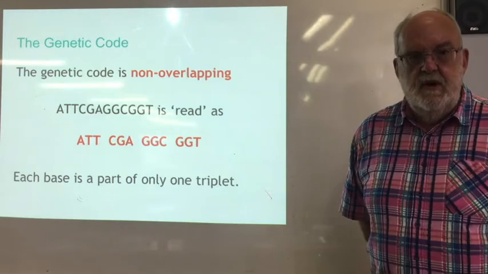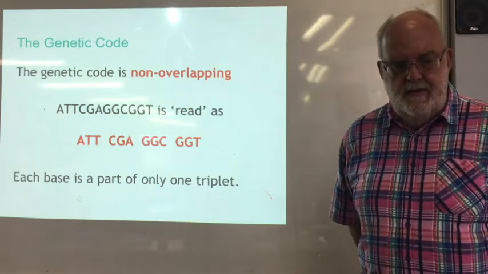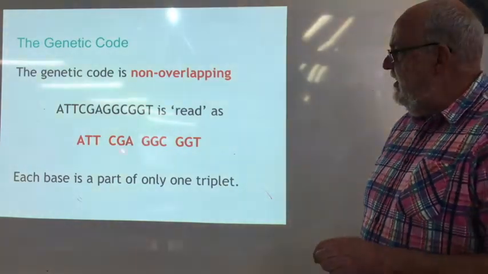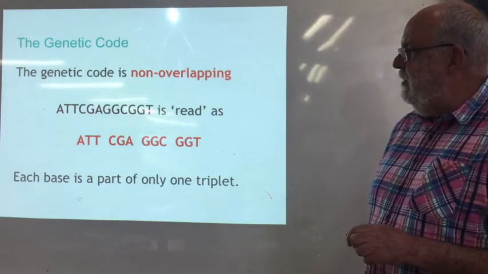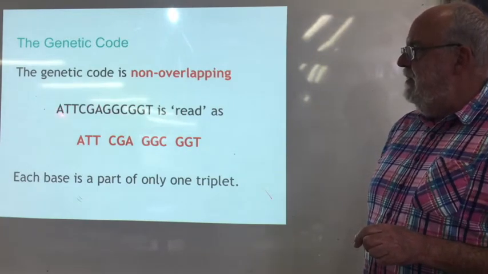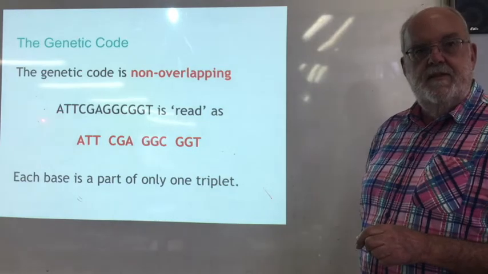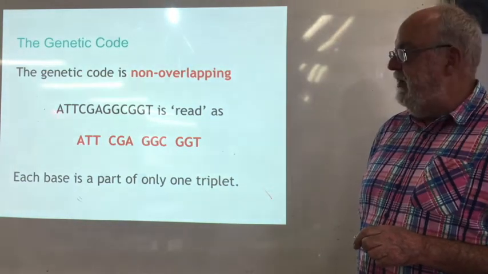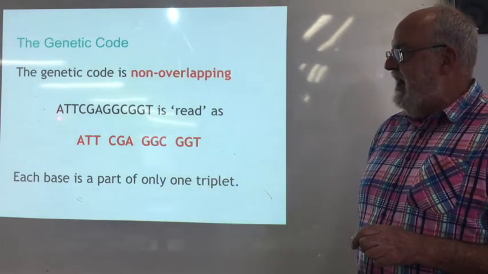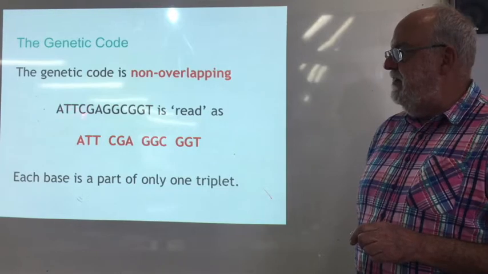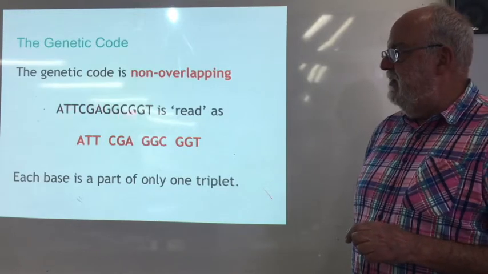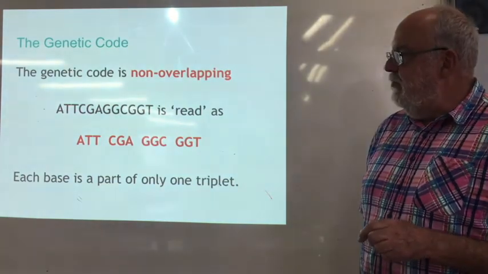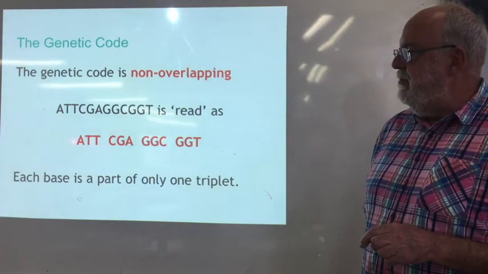It's also non-overlapping. So there, in the middle of the page here, is a sequence of bases in a molecule of DNA. Remember, this is the steps in the ladder of the molecule of DNA. So we've got adenine, thymine, cytosine, guanine, adenine, guanine, and so on. And you break that up into triplet codons.